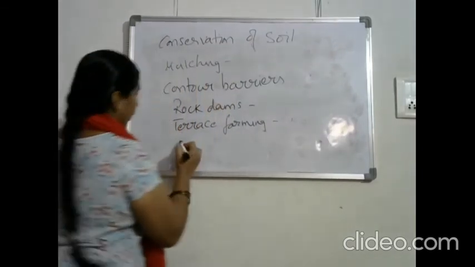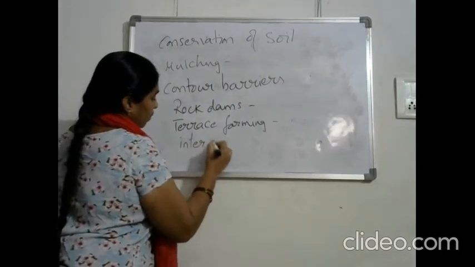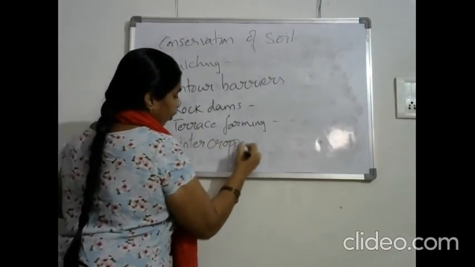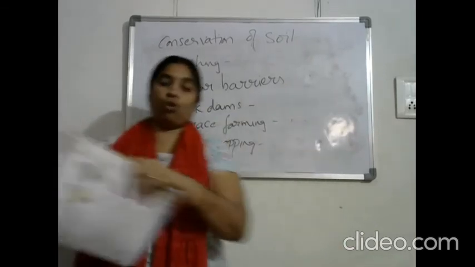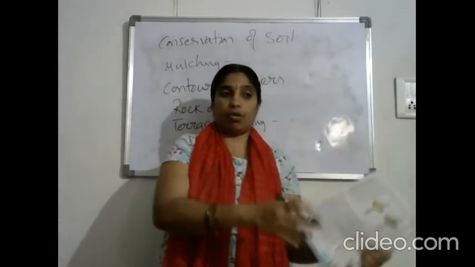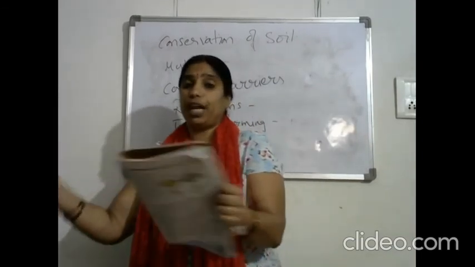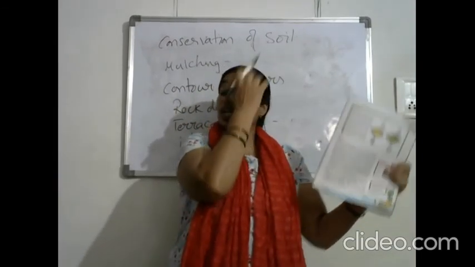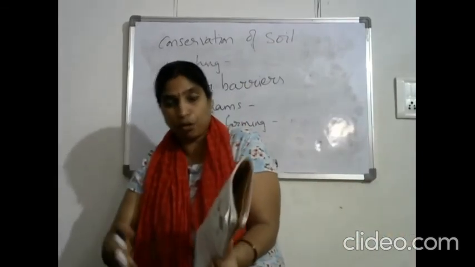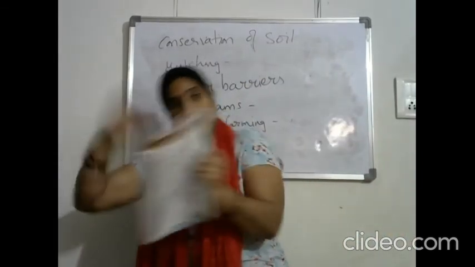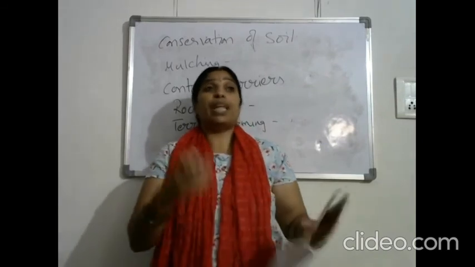Then intercropping. Intercropping means mixing the crops. Not growing the same crop, but in the farm there will be three to four rows, growing three to four different types of crops. Suppose in one row they grow one crop, in the second row a different type of crop, and in the third row the same crop again.